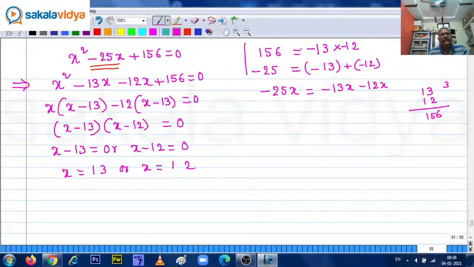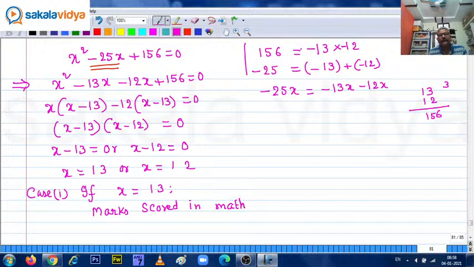Here two cases we get. Case 1: if x is equal to 13, marks scored in mathematics is equal to x, that is 13.